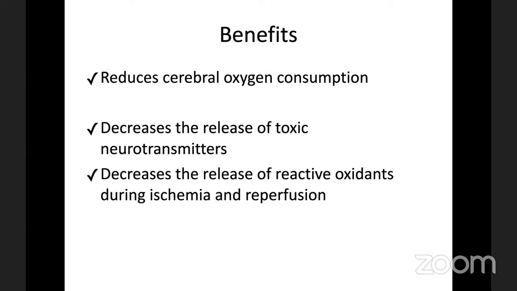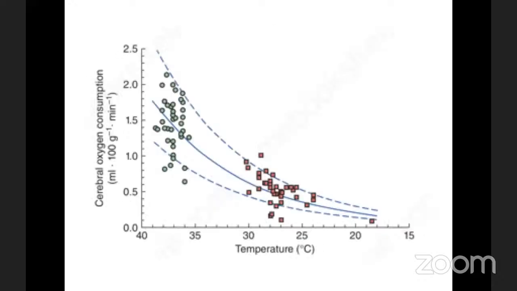It also decreases the release of toxic neurotransmitters and of reactive oxidants during ischemia and reperfusion. Here you can see that as you go down with the temperature, the cerebral oxygen consumption goes down, with a 5% drop for each 1 degree.